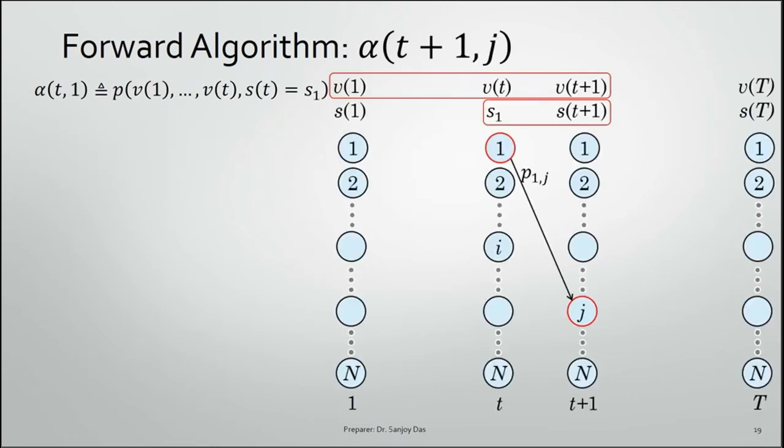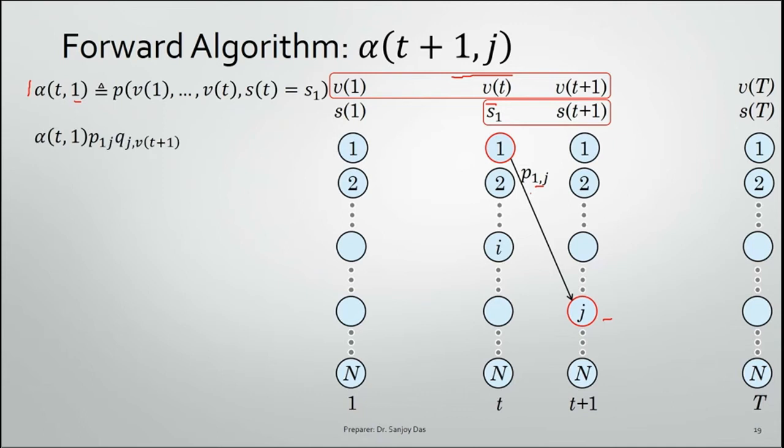Now suppose at time step t we are in state S1 and we have accounted for the output sequence v1 through vt. So that probability is equal to alpha t1. So we are in state 1. Then the probability of transitioning from state 1 to state j in the next time step is p1j.